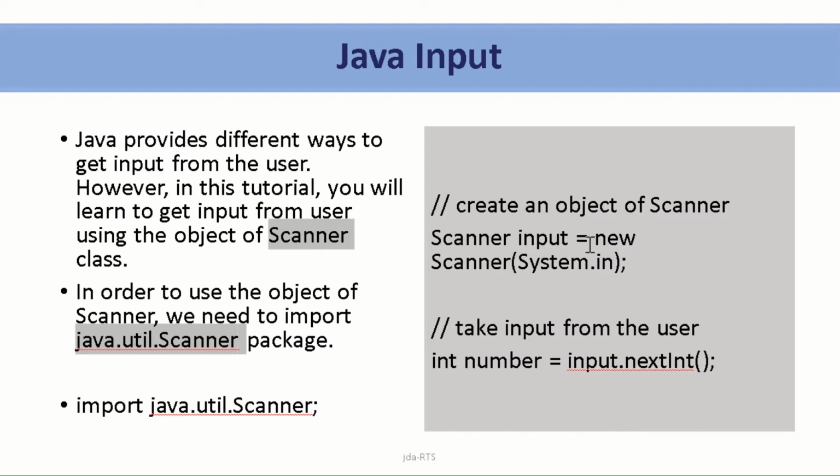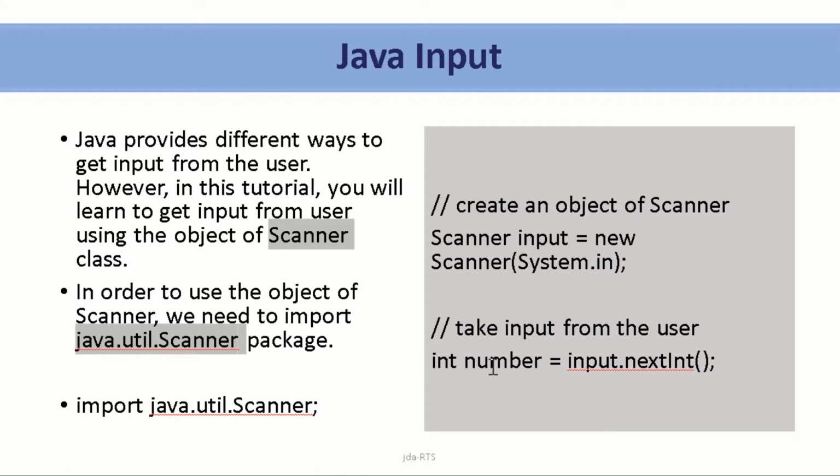Scanner is a class, and we instantiate an instance of the class Scanner by using the command new Scanner(System.in). System.in is an instruction that catches input from the user through the console. That's the purpose of System.in: to take input from the user.